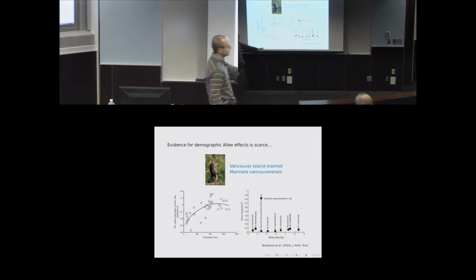This picture then suggests the mechanism which is behind this demographic Allee effect. These are home ranges of different species of marmots. This one is the marmot which was explored, this is the home range of former populations, and this is the home range of the current populations of this Vancouver Island marmot.